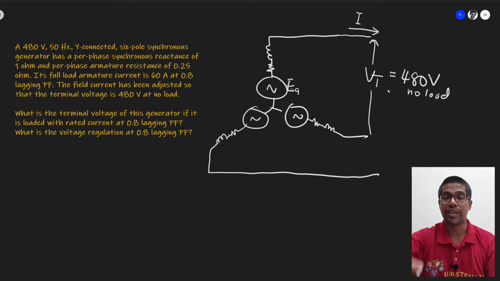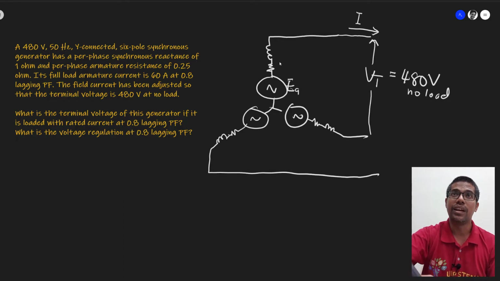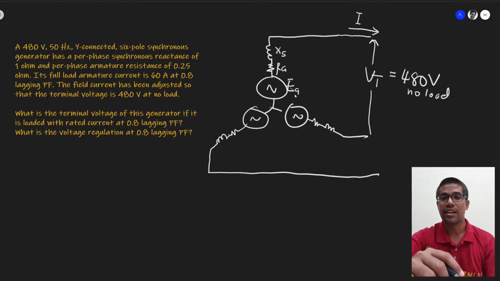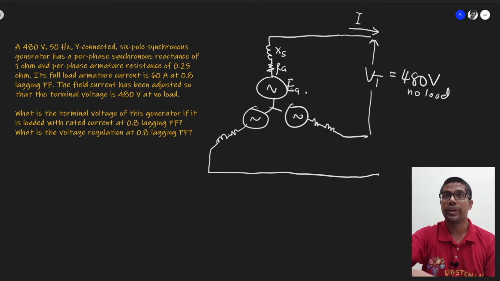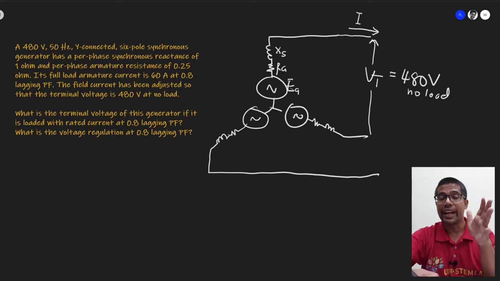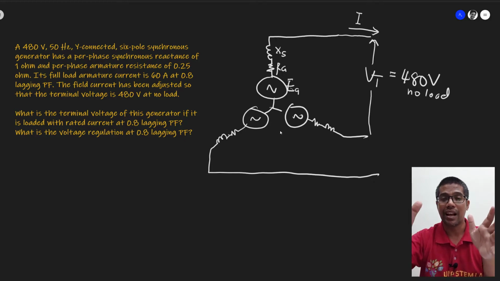Let me label this armature resistance and this synchronous reactance. There's no voltage drop there because I equals 0. So how do we get EA? The only way is to realize how this machine is connected.